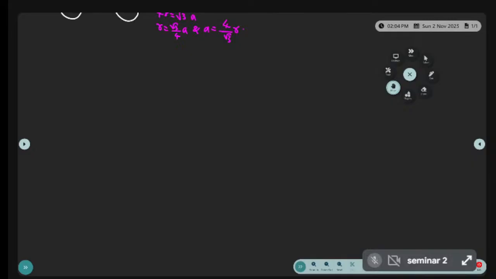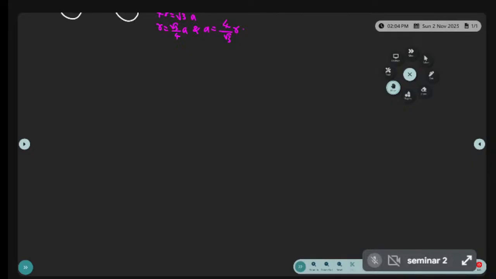One request from my side. Black, come here. Same question. Can you prove the relation between R and A? Simple cube. Okay, right.